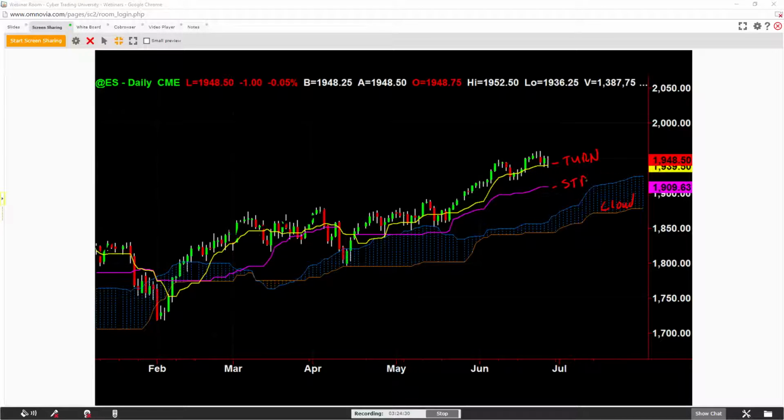And then this is called the standard line, the S-T-D. And what you're looking at here is if we break the yellow, we're probably going to go to the purple. If we break the yellow and the purple, we're probably going to go to the blue. Now, if we break the blue and we stay down here for more than, say, 3 days, well, then we're probably going to be a reversal, and it's probably going to go substantially lower.